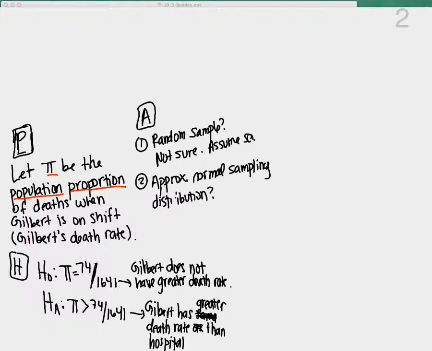Do you remember how to check this for a confidence interval when it was for proportion? np greater than or equal to 10, n(1 minus p).